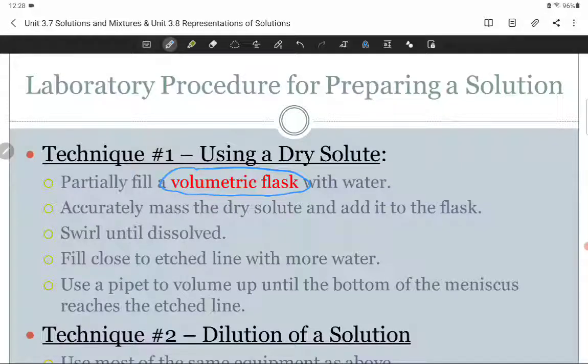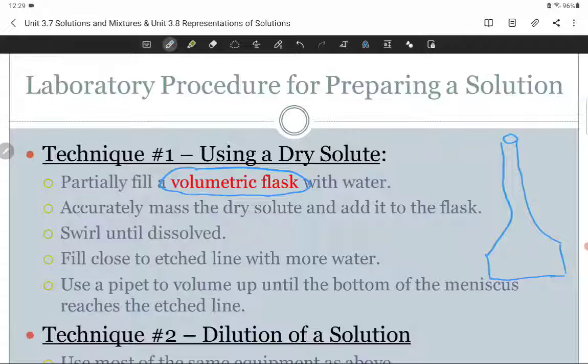If I ever ask, or if the AP test question asks about making a solution, you're always needing to use a volumetric flask. A volumetric flask has different shapes at the bottom, but it's wide at the bottom and has a very, very thin, long neck close to the top.